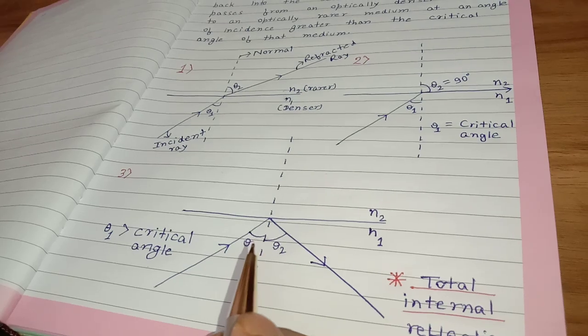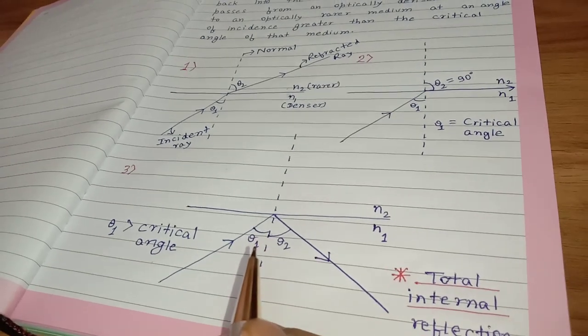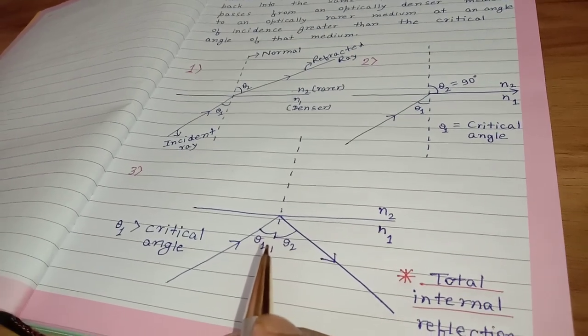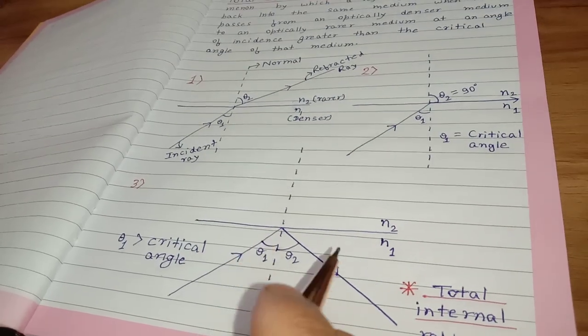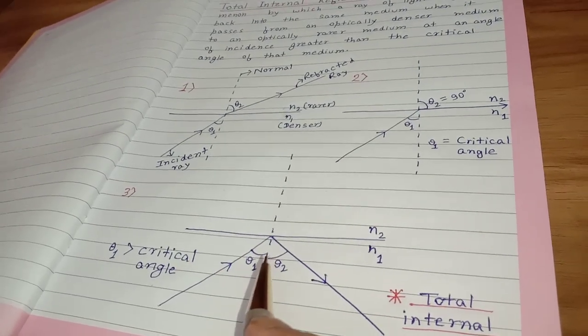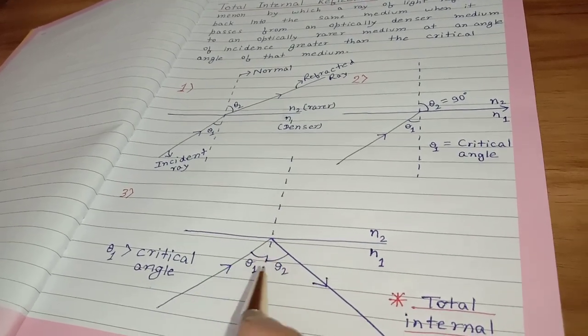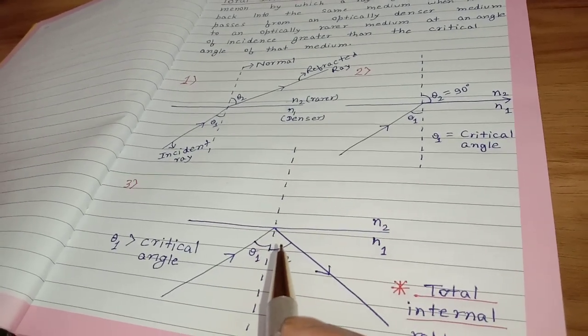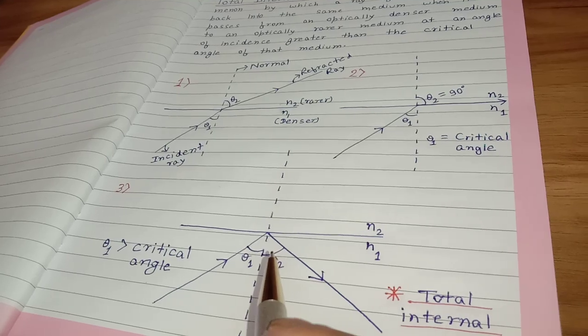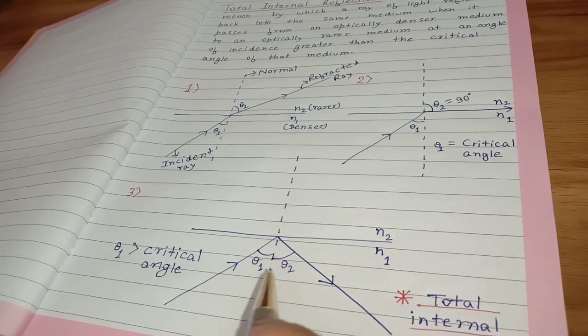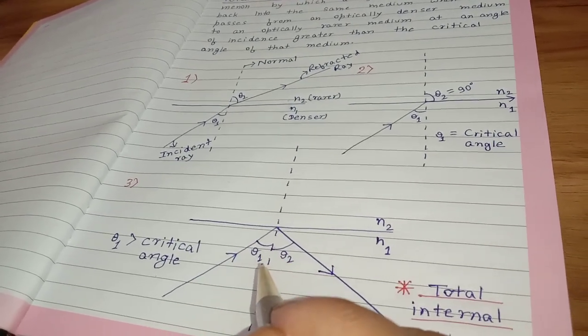Definitely some energy must be lost, but almost 99% of the energy of the ray of light remains in the diamond. That's why it shines a lot.